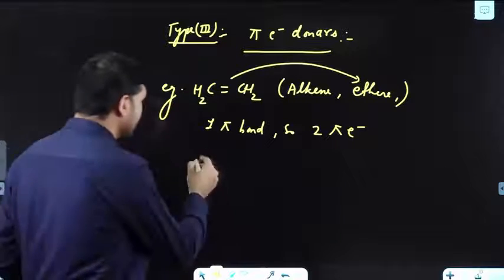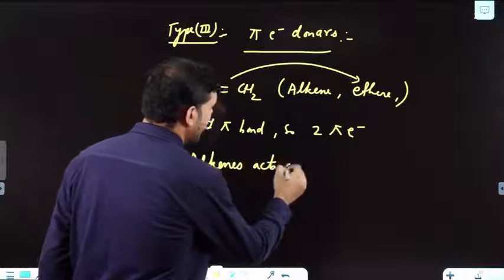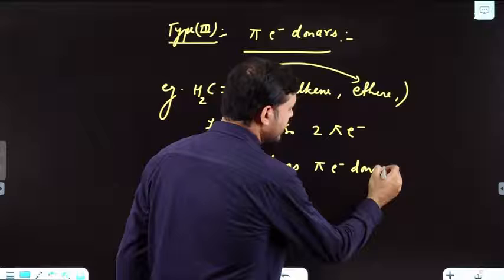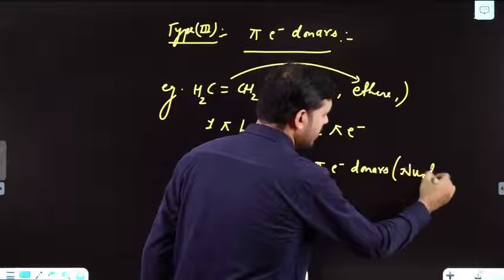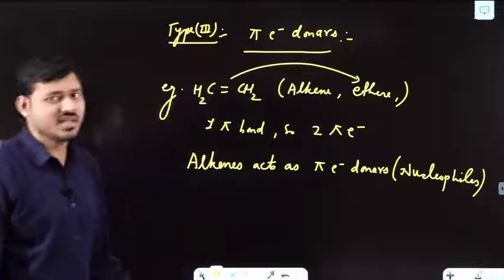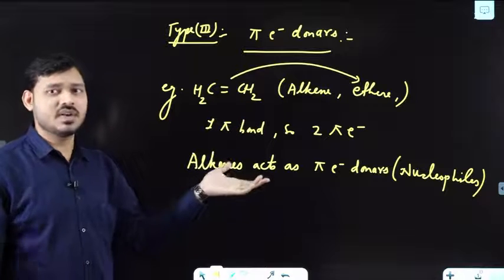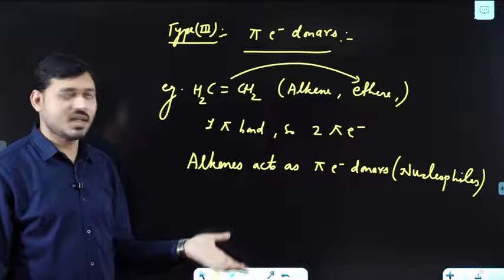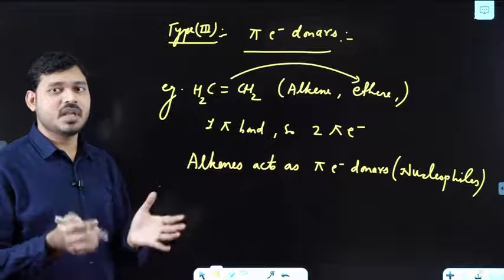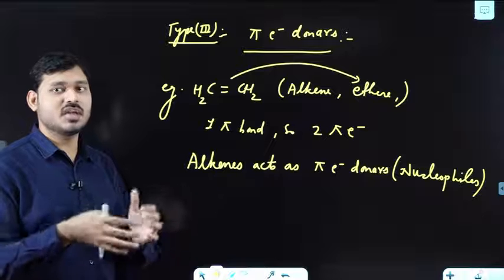Okay, so we can say alkenes act as pi electron donors, or better to say nucleophiles. Okay, now sometimes the question arises in mind, it is very stable, neutral, why is it reactive? So this is definitely under the presence of any reagent only, right? Neutral species will be stable only, so they will behave as a reacting species when under the influence of any reagent or due to presence of any other compound.